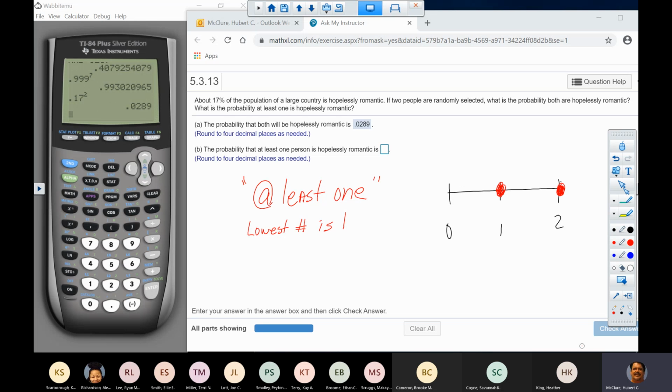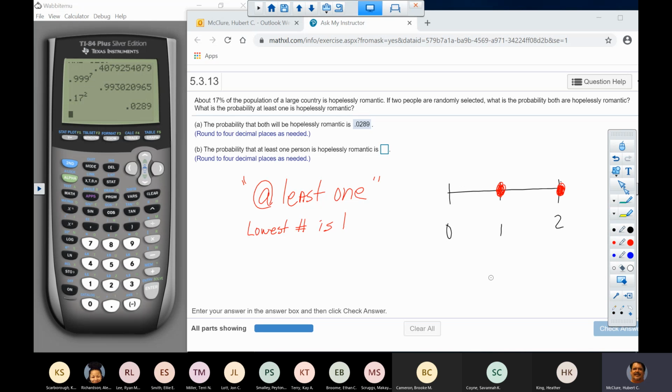Okay, so what number does that leave if you use 1 and 2? 0. So technically, when it says the probability of at least 1, then that means I'm finding 0.